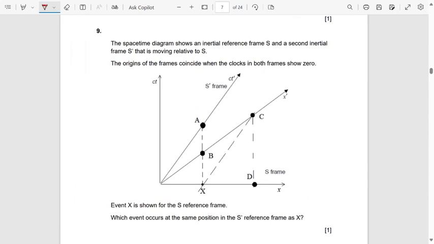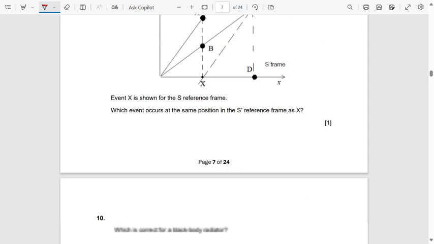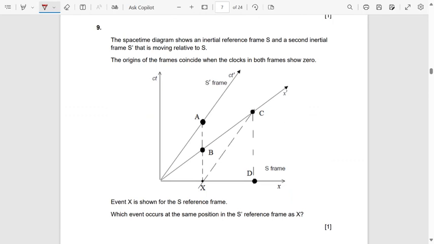Now 9. The answers are on the graph, so we've got to choose A, B, C, or D. Again, it might be worth just pausing. So we have an inertial reference frame S and a second inertial frame S prime that is moving relative to S. The origins of the frames coincide when the clocks in both frames show 0.